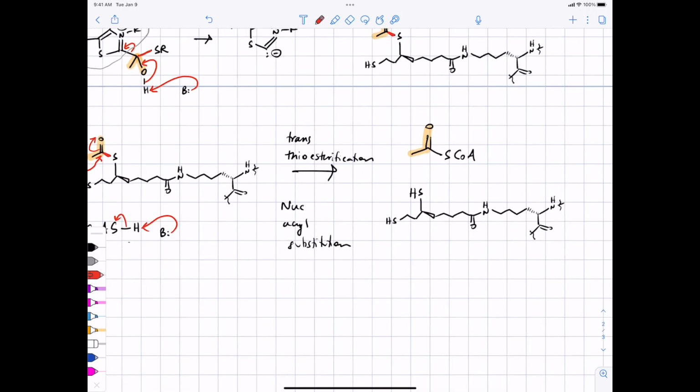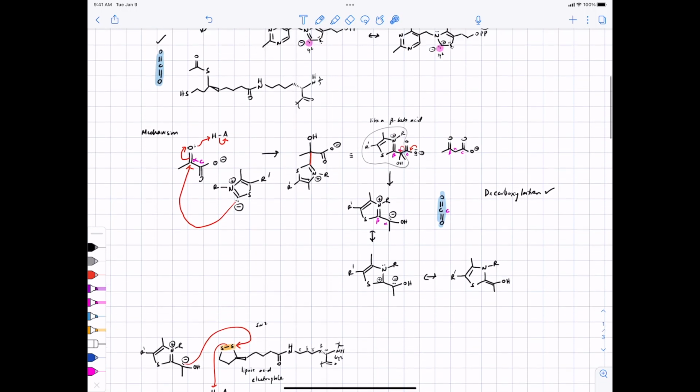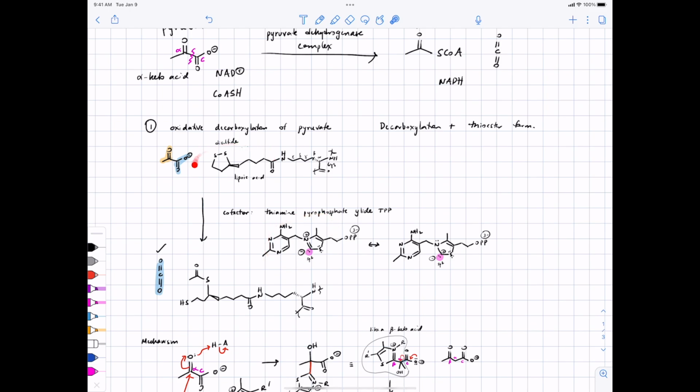Okay, what else? So the last step, if you notice, in a catalytic process, aside from your output, which is acetyl-CoA, you want to regenerate everything so you're ready to begin. And we began with thiamine and lipoic acid. We got thiamine back as a leaving group.